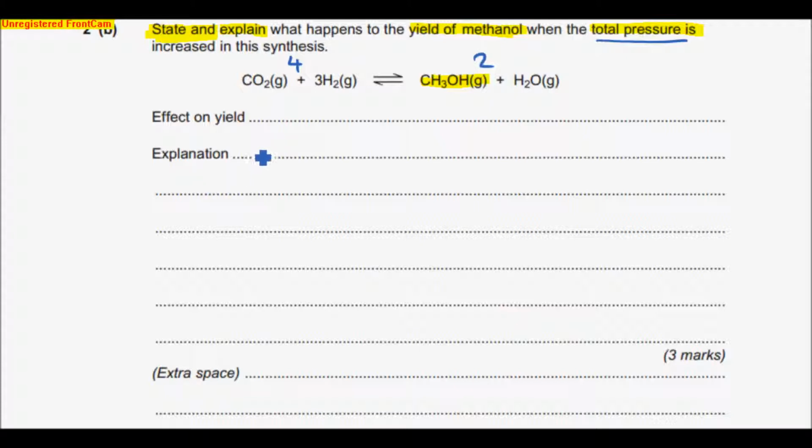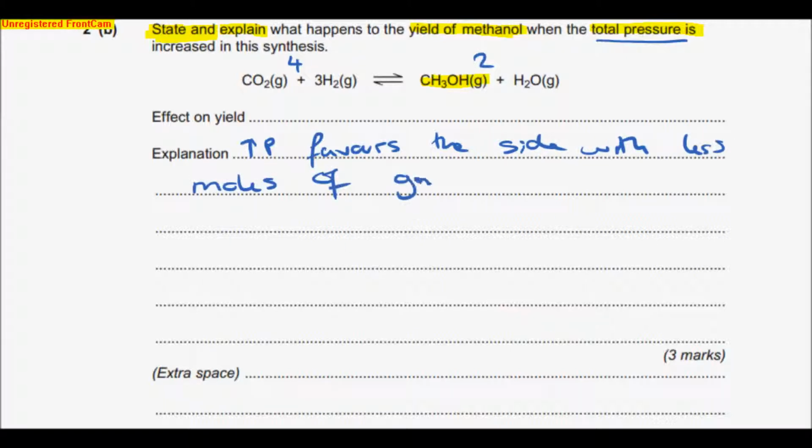Now, I already know that as I increase the pressure, increasing pressure favors the side with less moles of gas. Okay, so how is that going to affect my equilibrium?